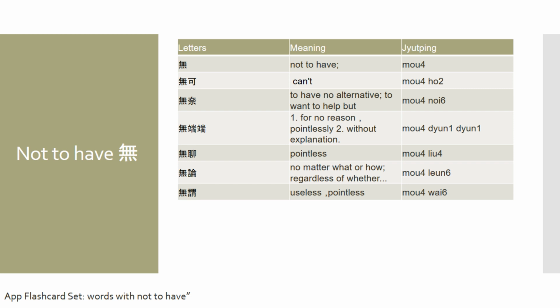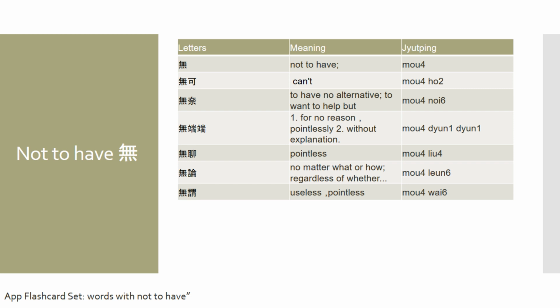Now, there's another Chinese character that is pronounced very similarly, albeit with a lower tonation. And it is actually written differently, though they mean the same thing. This one is pronounced mo, and it means not to have in Cantonese.